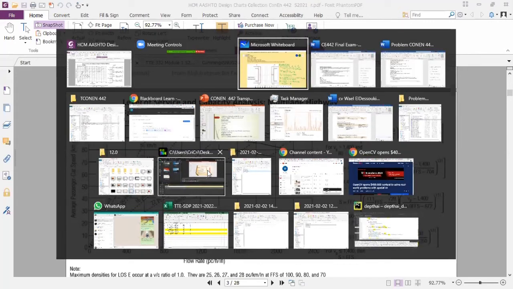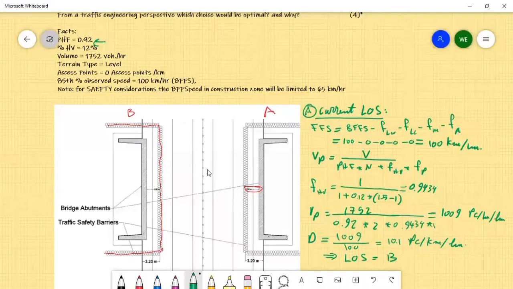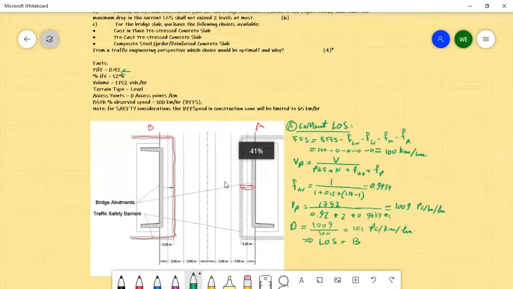So what we are going to do here, we are going to try to build the bridge, building the 2 abutments at the same time.